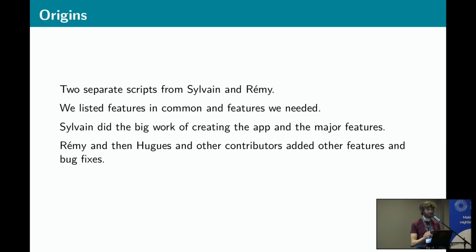So the OpenUpgrade Wizard starts with a meeting between me and Sylvain because we are both doing migration and we have bash scripts for doing things. So we looked at our scripts and listed the features we have, and decided to build a tool with the same features and contribute to the same tool.